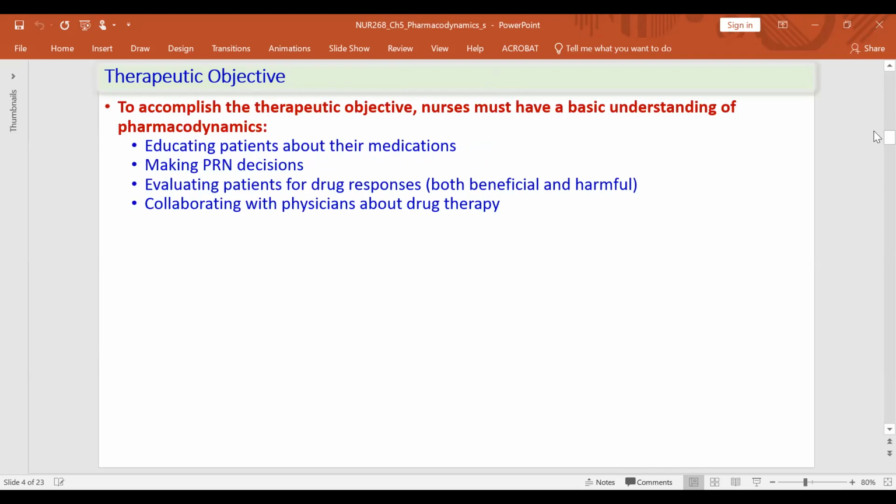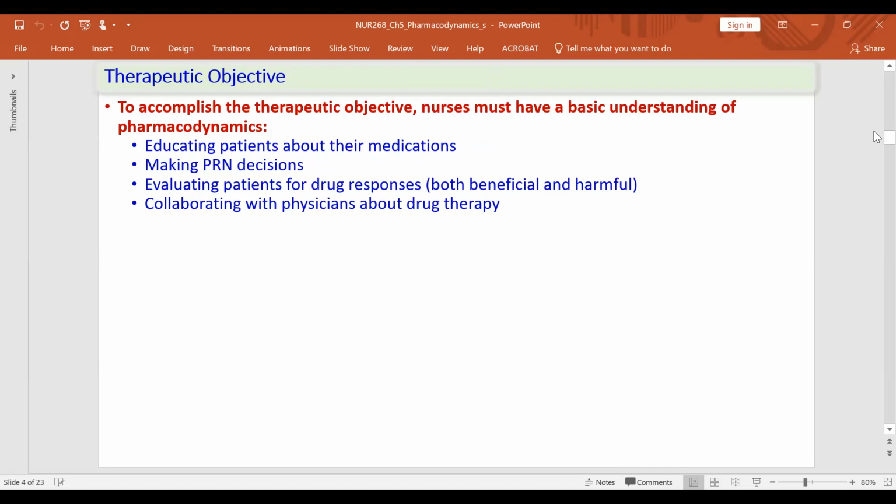Now, to accomplish the therapeutic objective, nurses must have an understanding, and this is basic Pharm Patho or Patho Pharm content for the undergrad.